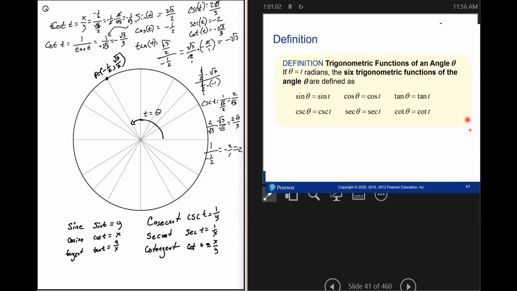And in this case, this particular angle here is, what is that? That's 120 degrees, and in radians, that is 2/3 pi. And we'll look at that more closely in a moment.